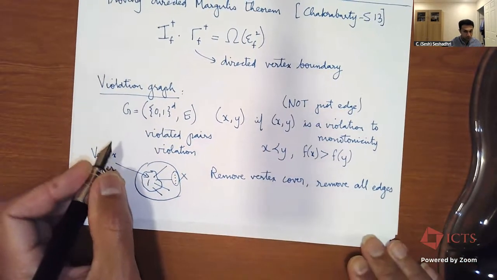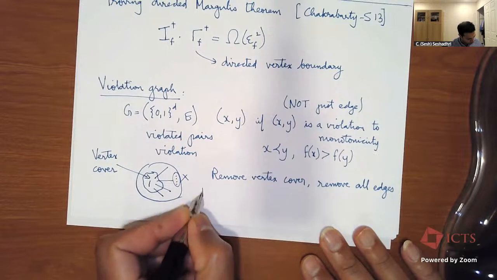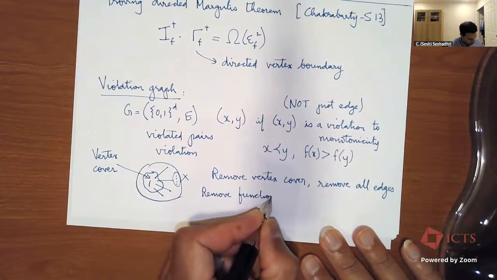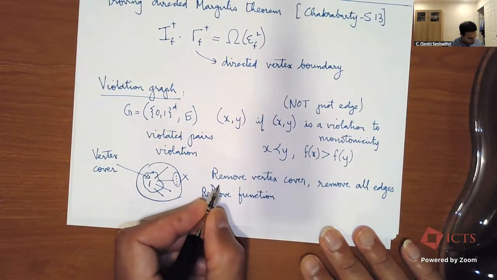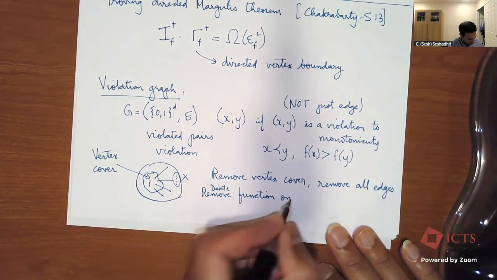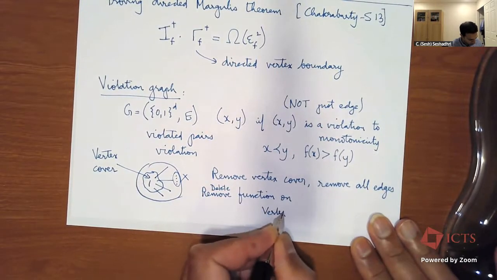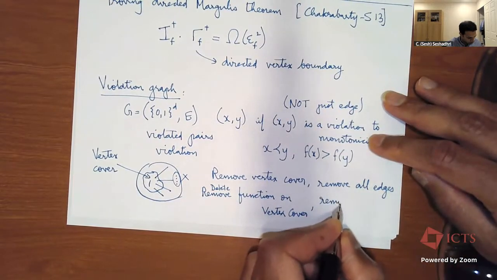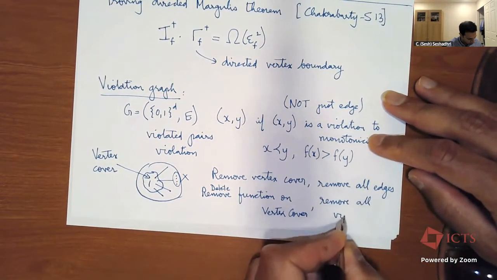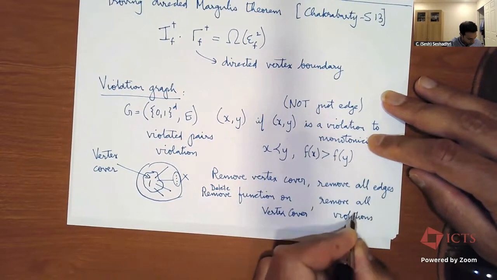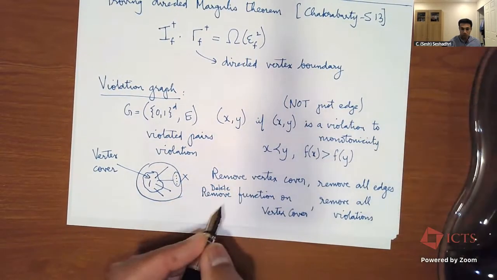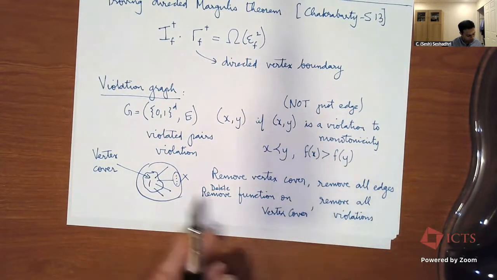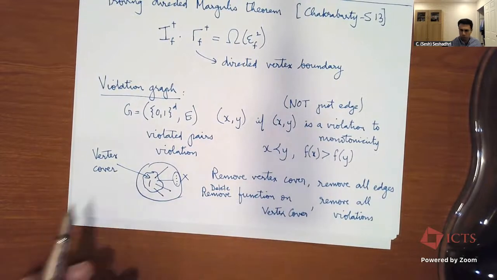This is the same thing as saying remove, or technically delete, the function on a vertex cover. Then you end up removing all violations. These two statements are equivalent. If you remove the function on a vertex cover, you end up removing all the violations. Same thing as saying if you remove a vertex cover, you remove all the edges.